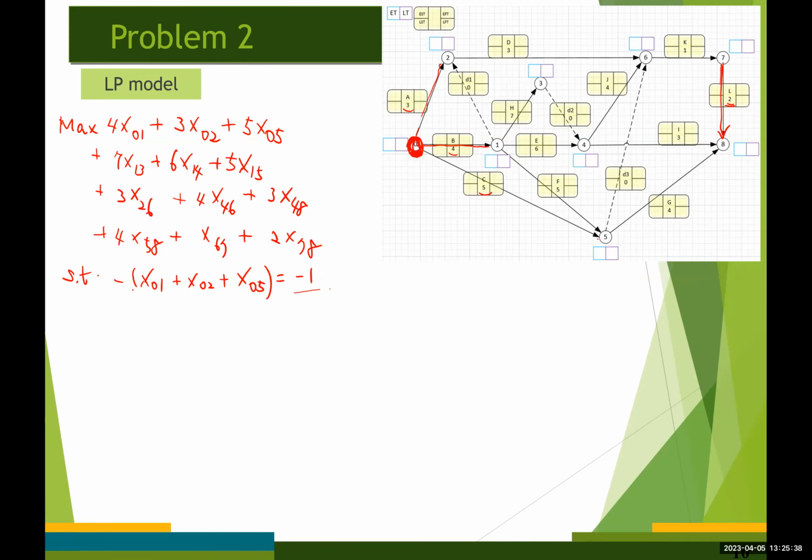And event number 1, we have 1 inflow, but there are 4 different outflows, right? So x01 minus x12, 13, 14, 15, right? It's equal to 0.